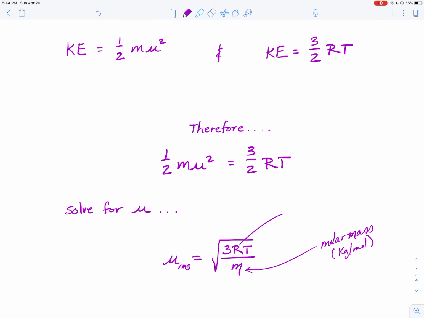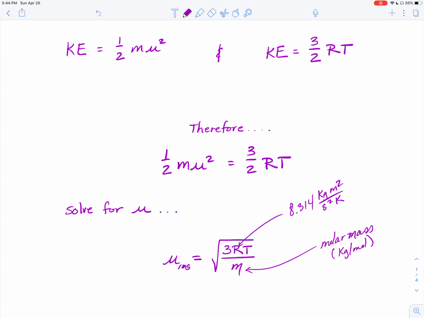And the R here, we're going to use a different R than what we have previously been using with the other ideal gas laws and combined gas laws. It's going to look kind of the same, but the unit's going to look a little different. So the value is 8.314. But instead of liters times kilopascals divided by moles Kelvin, we're going to give it the units, or rearrange the units, of kilograms meters squared per second squared Kelvin.